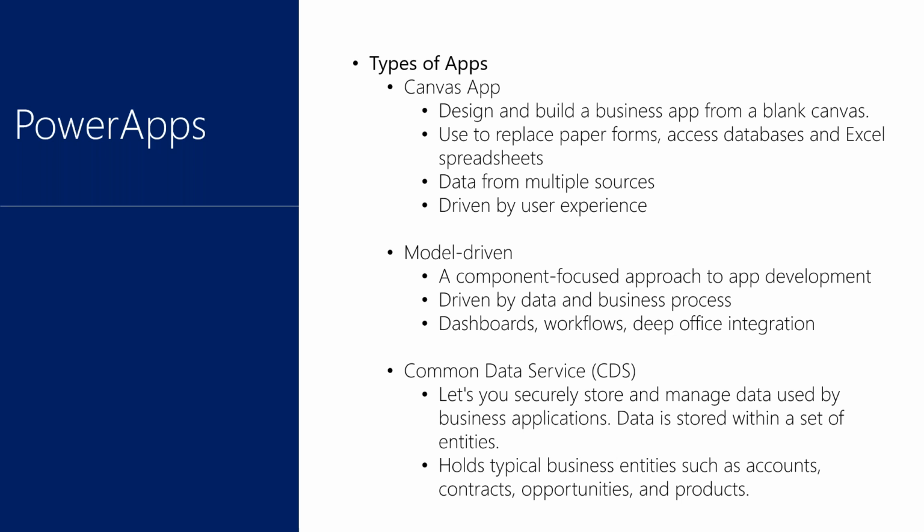The third type of app is a common data service. So basically, the common data service securely stores and manages your data for your business applications. The data for common data service usually utilizes entities. Types of data for this would be accounts, contracts, opportunities, products.